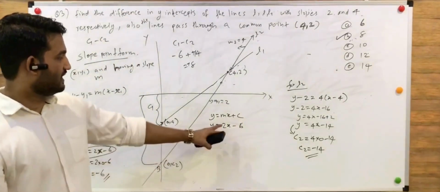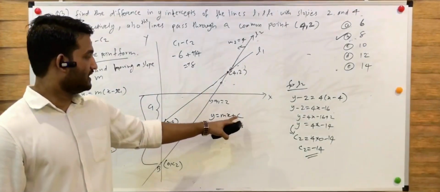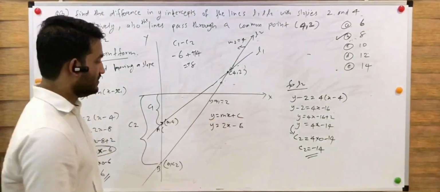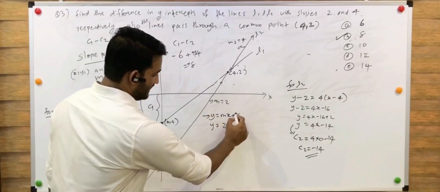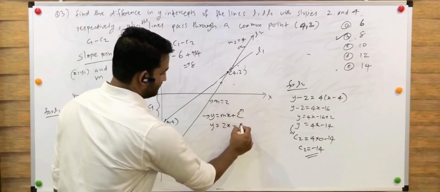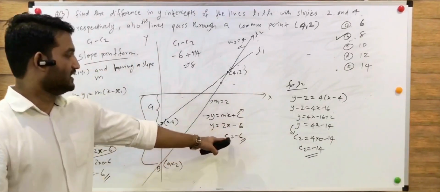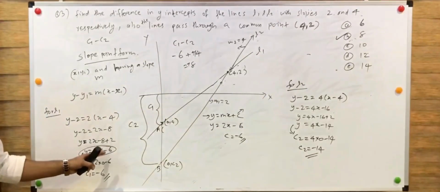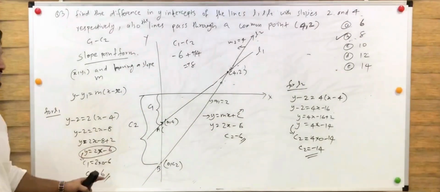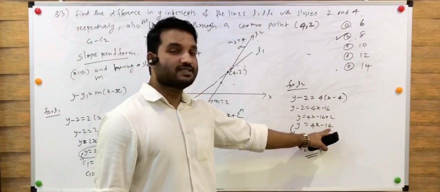When we compare with this slope intercept form, m is the slope and c is the y-intercept. So we can directly get the y-intercept c is equal to minus 6, because it's expressed in slope intercept form. That's why here also we can directly take the y-intercept as minus 14.